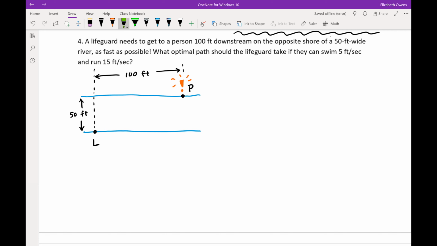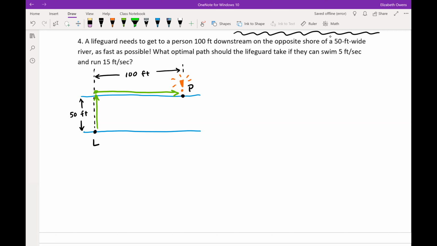One path the lifeguard could take is to go straight to the person, swimming the whole way. So they're in the river this whole time, doing all swimming. Or the least amount of swimming possible would be to go straight across, land right here, and then run all the way down to the person.